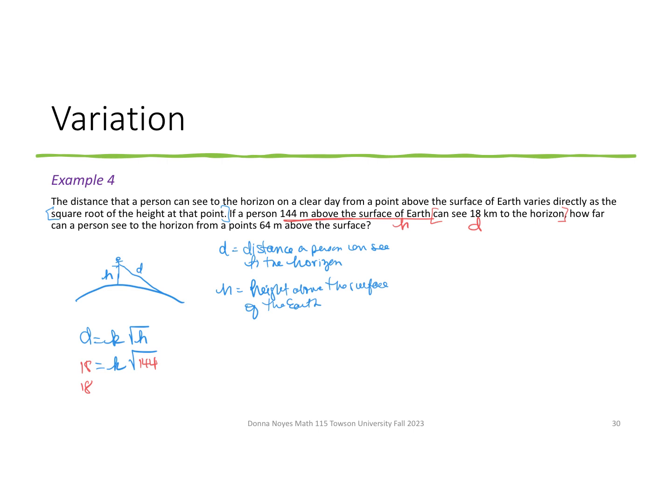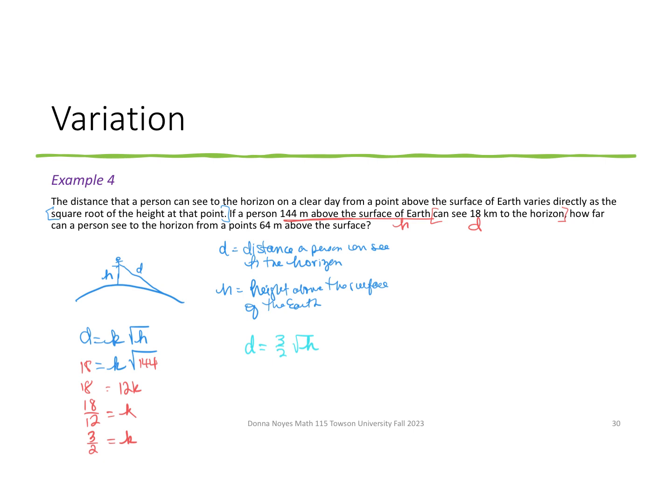Or this is 18 equals the square root of 144 is 12. So this would be 12K. If we divide both sides by 12, 18 over 12 equals K. If we factor out what's common and cancel, that'll be 6's. This would be 3 over 2 is our K. So we can rewrite our formula as D equals 3/2 times the square root of H.